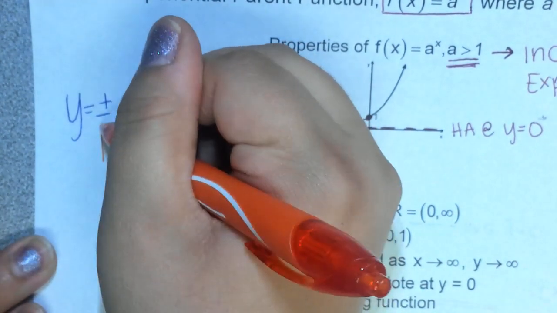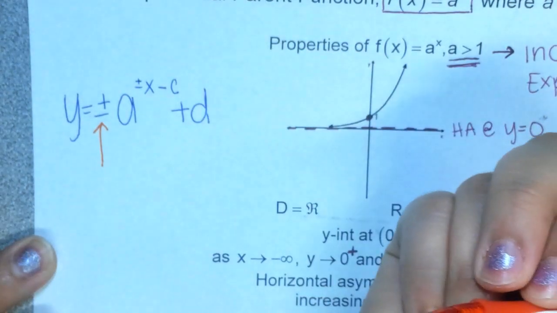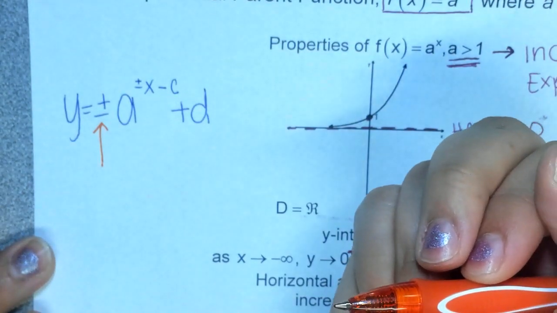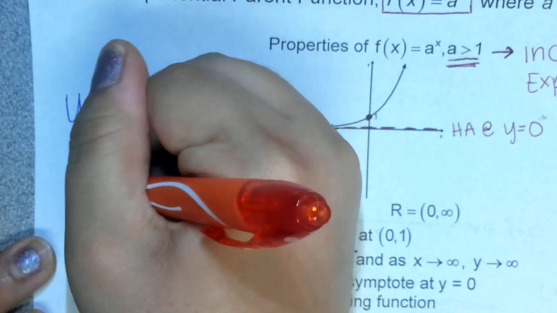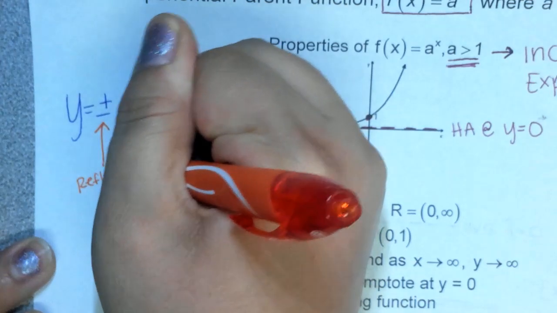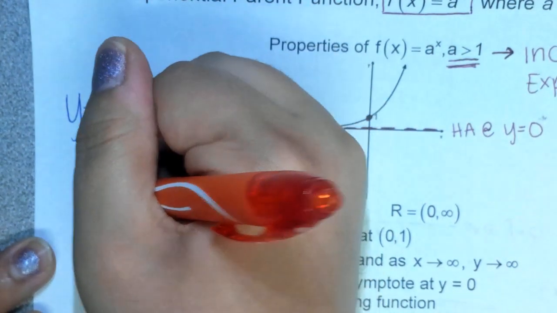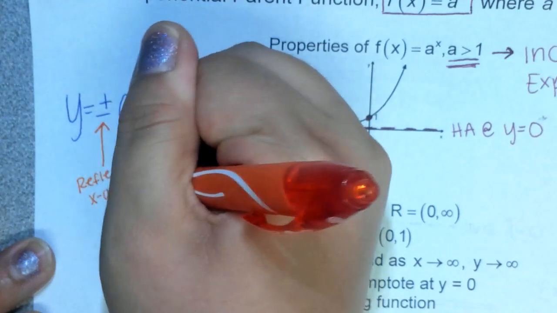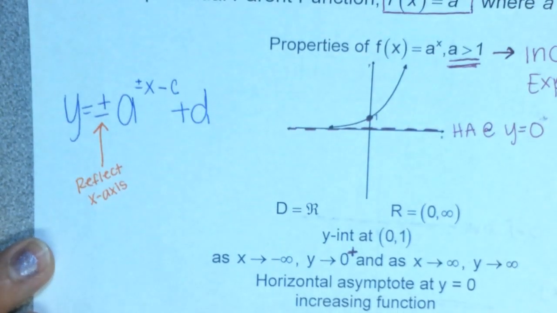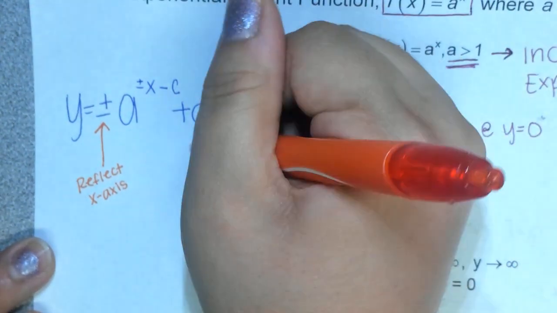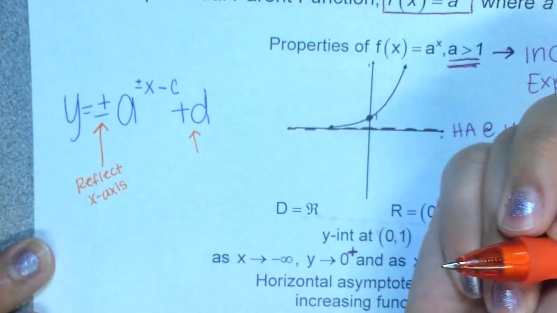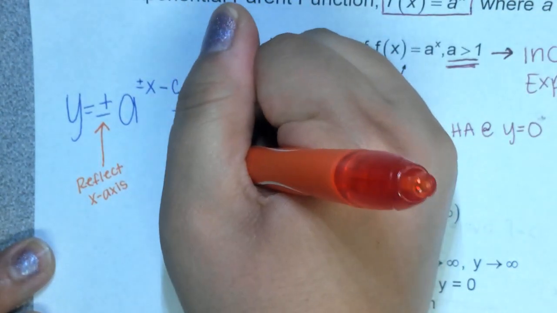Again, what happens if I get a negative out front? It reflects across what? The x-axis. What does this plus d do? A vertical shift.